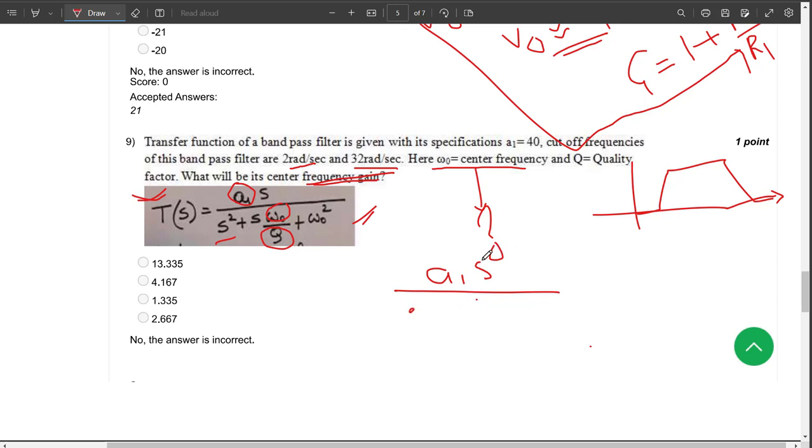So here put j omega naught, and here it will be minus omega naught square plus j omega naught into omega naught by q.